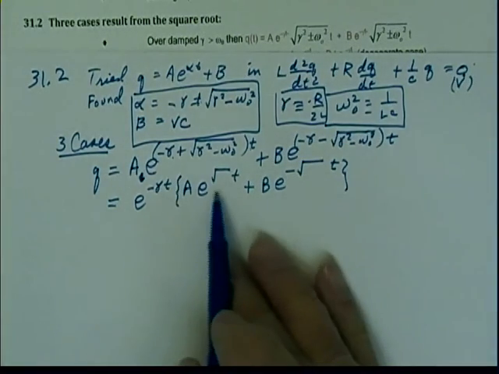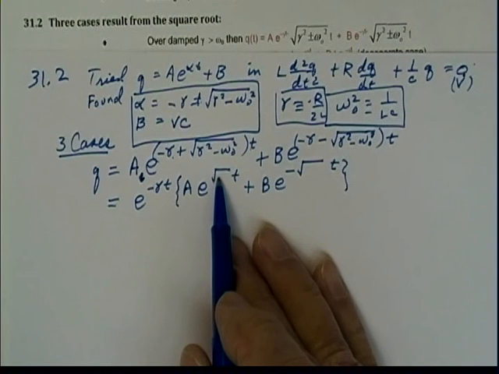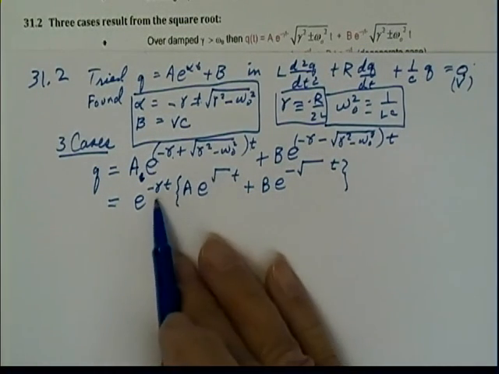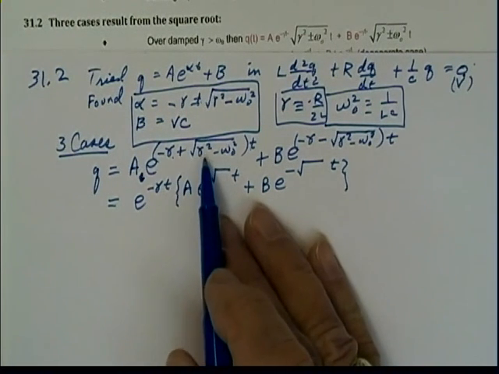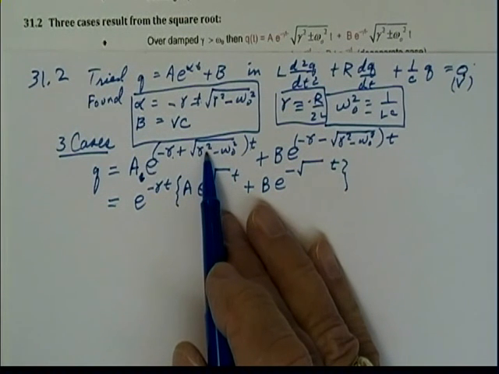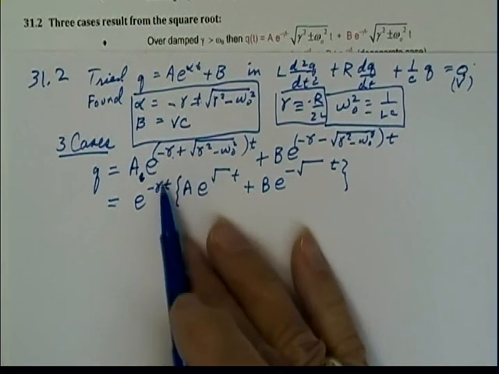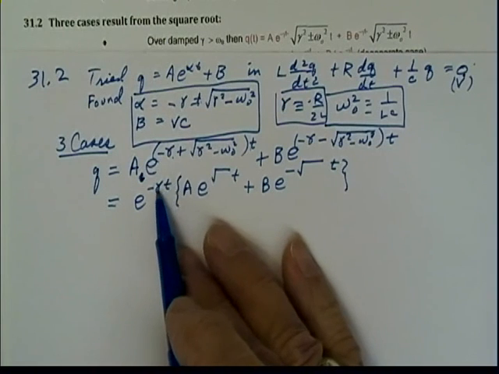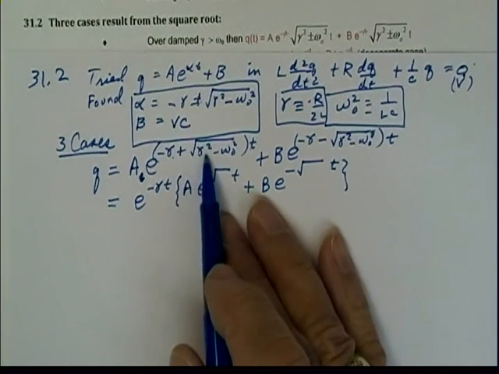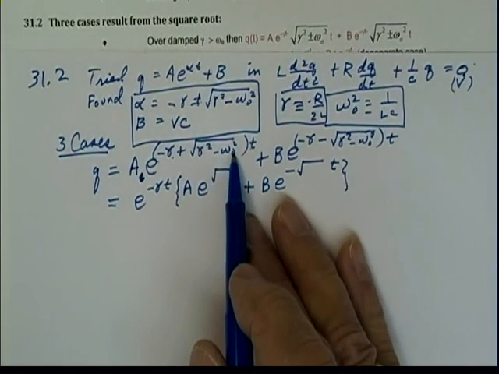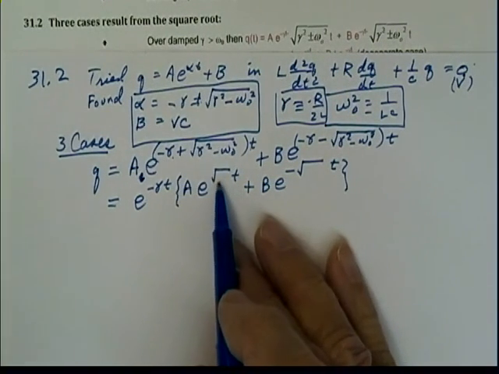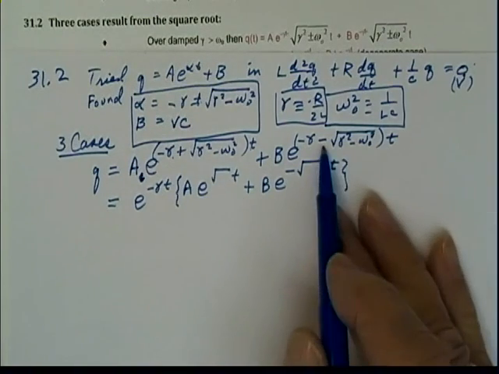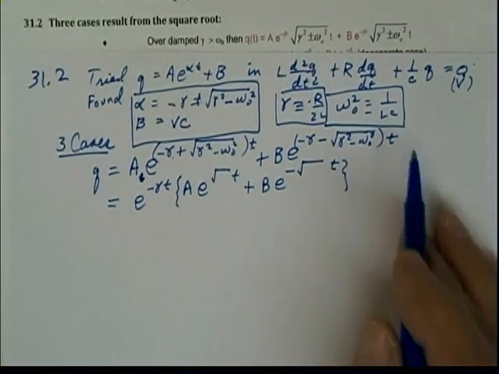Well, it turns out that this term right here, although it looks like a positive increasing exponential, which it is, is always multiplied by e to the minus gamma t. And this is always smaller than gamma, which means this term is dominant. Gamma is always going to be greater than the square root of gamma squared minus omega naught squared. So this whole term is e to the minus something times t. So this decreases exponentially with time.